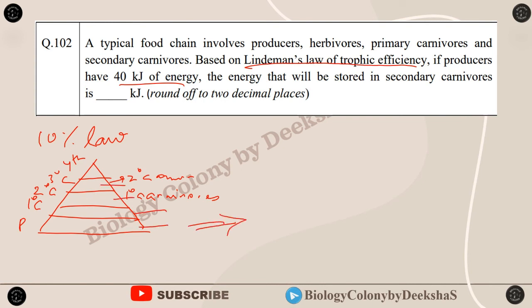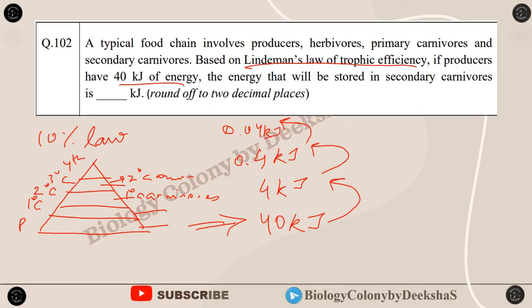The producers have 40 kilojoule of energy. So 10% of 40 kilojoule is transferred to the primary consumer or the herbivores. Then they have 4 kilojoule of energy. Then the primary carnivores take up 10% of energy, that is 0.4 kilojoule. Then again secondary carnivores, they have 0.04 kilojoule. So the answer is 0.04 kilojoule of energy.